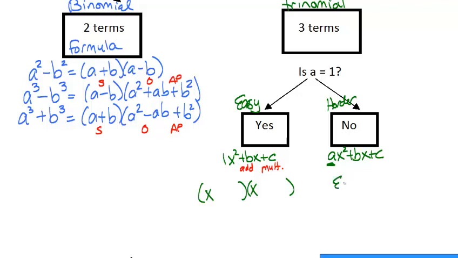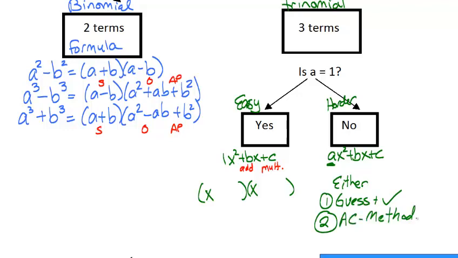You can either guess and check, or you can use the AC method. This is like one of the only times in factoring where you get to choose your method. Most of the time, the problem dictates whether it's a difference of squares or an easy trinomial or a hard trinomial. In this case, if it's a hard trinomial, then you get to pick which method that you like better.